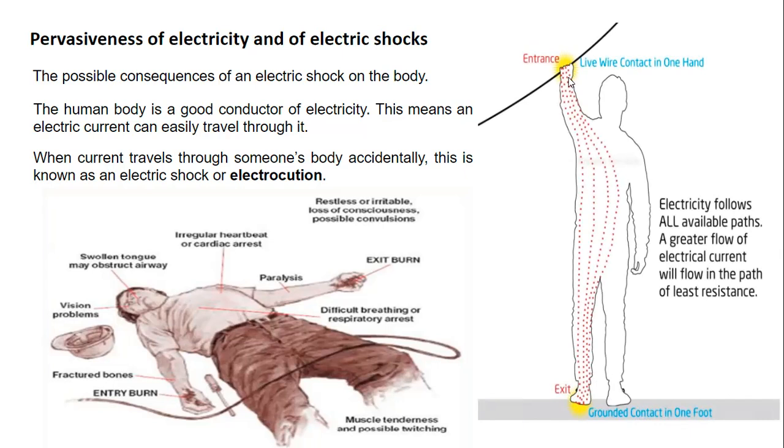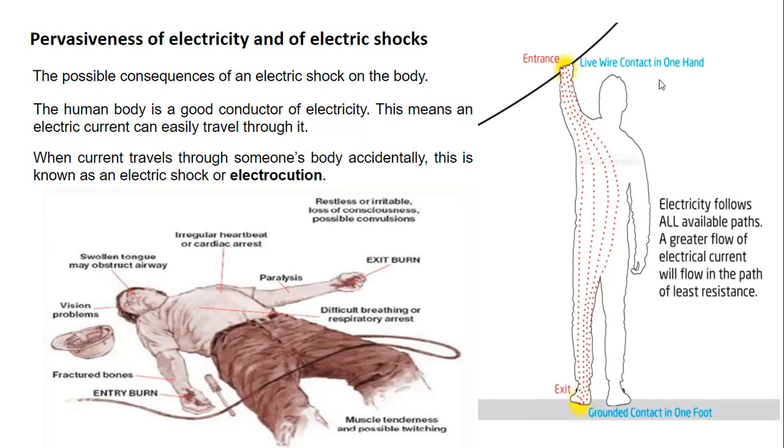This picture indicates current entering from a bare wire into the human body, and due to the bare foot, the current has a closed pathway to flow, which makes it much easier for the current to flow through the human body.